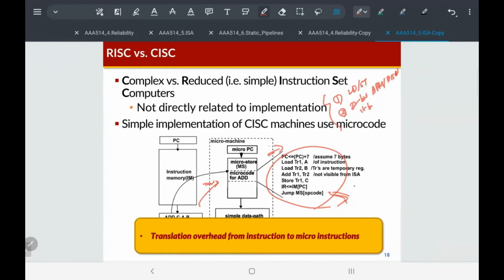But you know, that means the processor needs to support this instruction decoding. Also, another issue is that the size of instructions varies a lot, which means that even though only one instruction is fetched from memory, this one instruction may generate a large number of instructions.